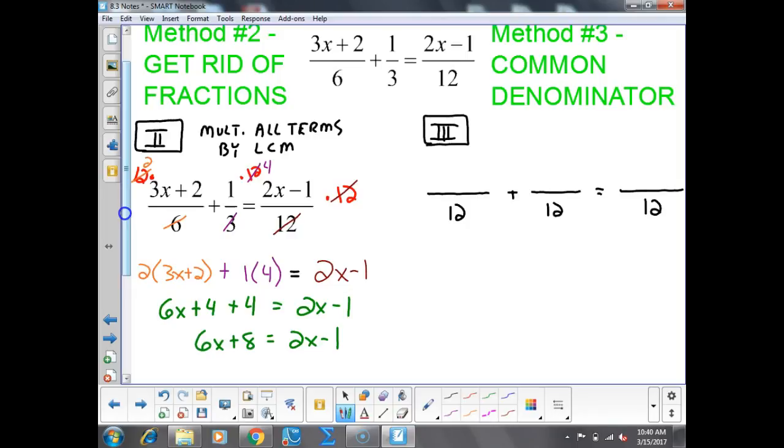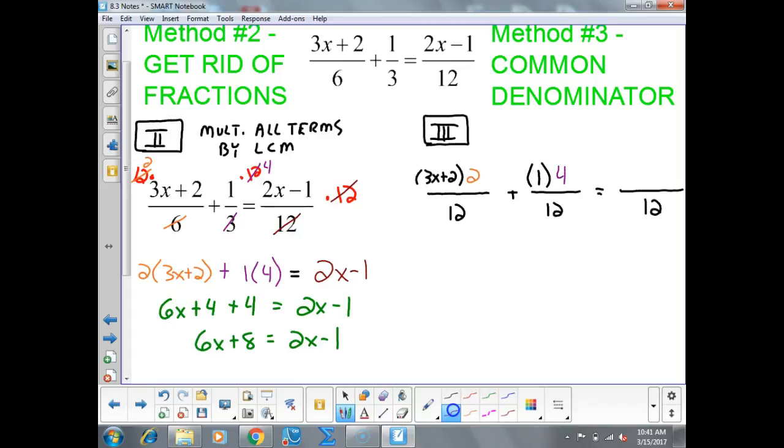Okay? So on top here, this one was 3x plus 2. What do I have to multiply to adjust that first fraction by? Got to multiply by 2. This next one was 1. What do I have to multiply that fraction by? From 3 to 12, I've got to multiply by 4.